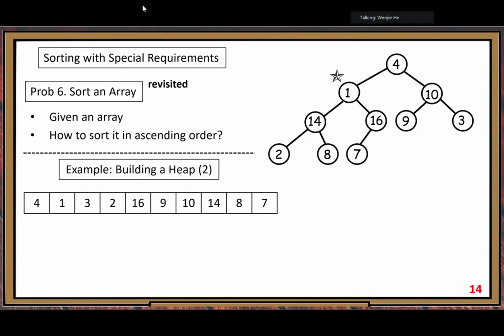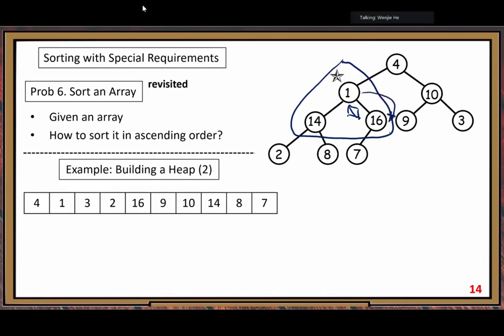After that triangle, next one, from right to left, we detect another violation, and we apply local Heapify, swap between these two nodes. After swap, this node 1 moves to this location.